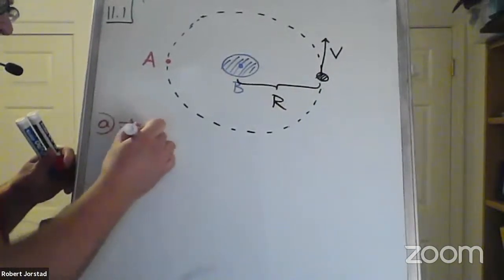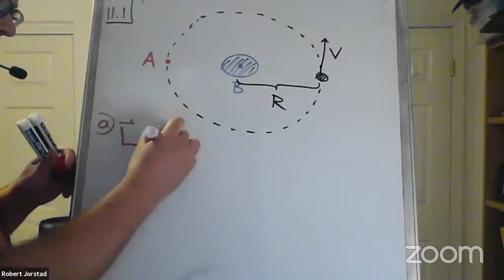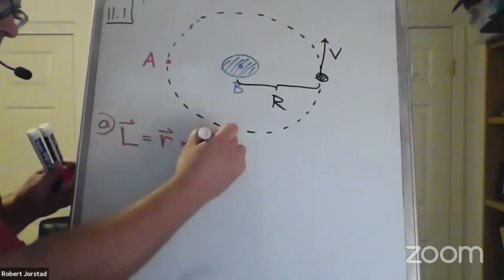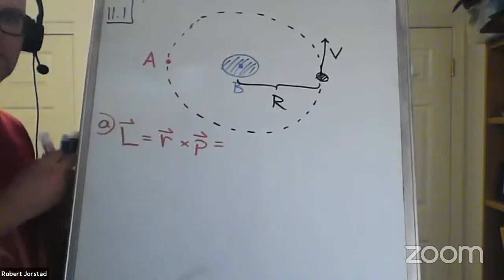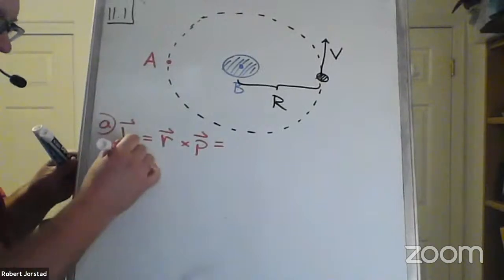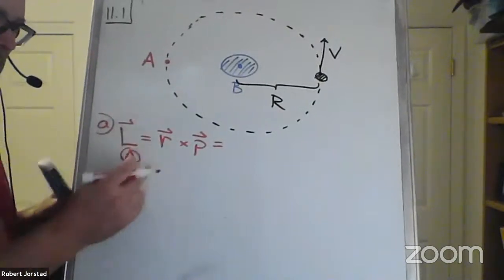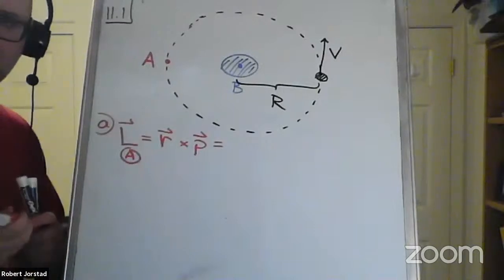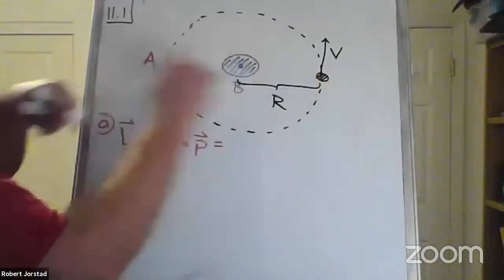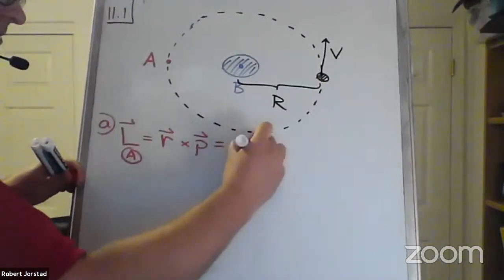L, by definition, is r cross p. Well, what is r if we use point A? What vector is that? 2R i hat. It's twice the radius in the i hat. That's exactly right.